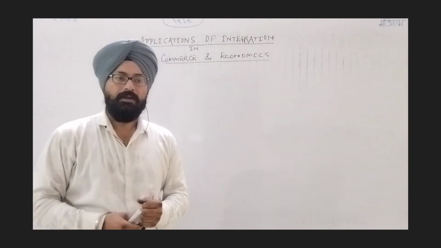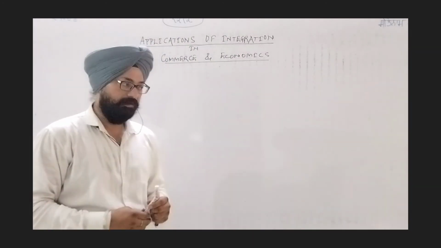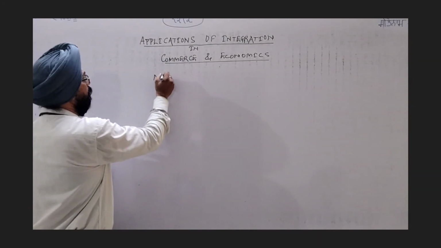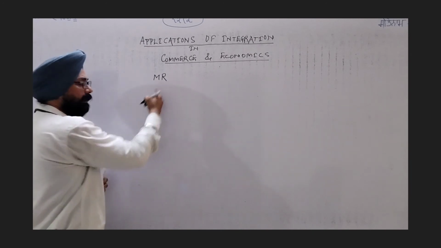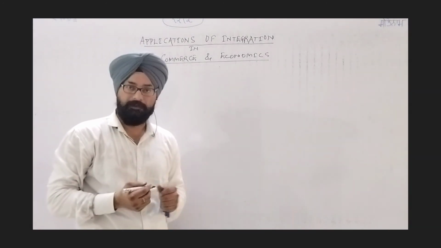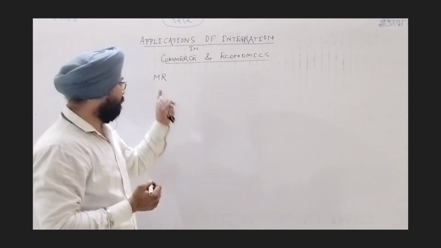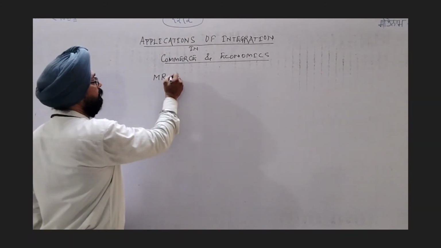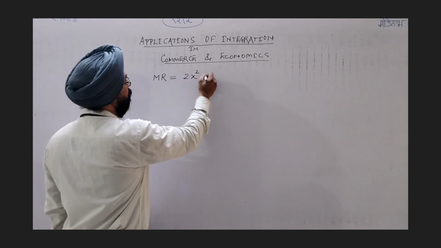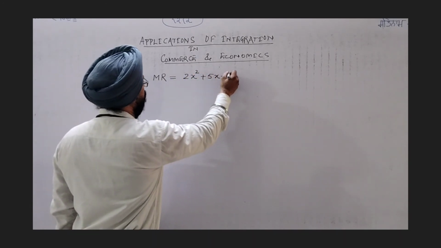Let's see. Now for the revenue function, again to recall, marginal revenue is given. We understand well that marginal revenue is the differentiated form of the revenue function. Marginal revenue is given to us. It's 2x square plus 5x minus 10.